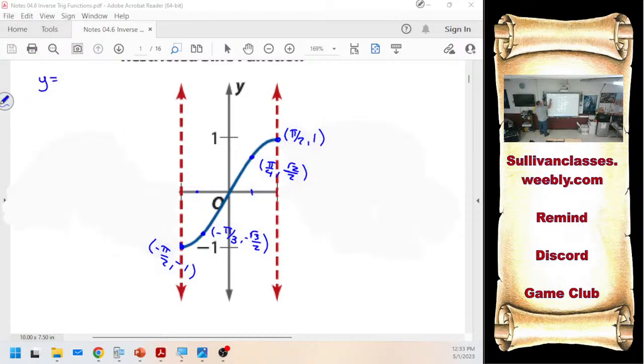My original y equals sine of x has input an angle, output a ratio. My domain, if I restrict it, goes negative pi over 2 to pi over 2.